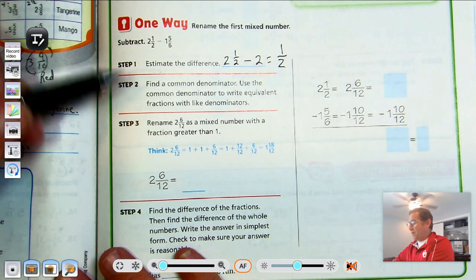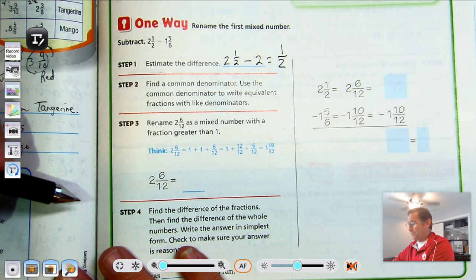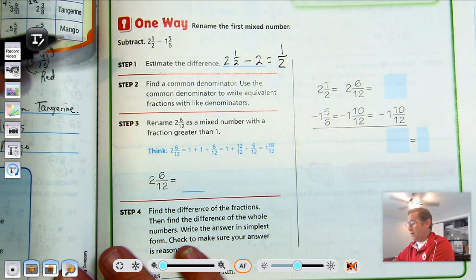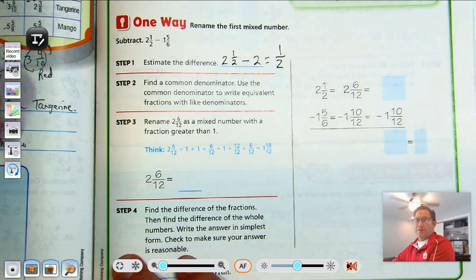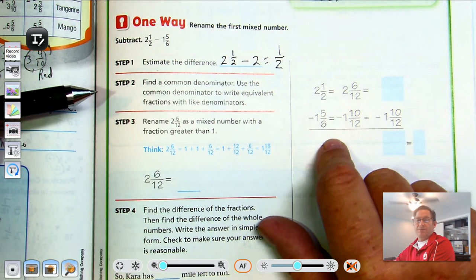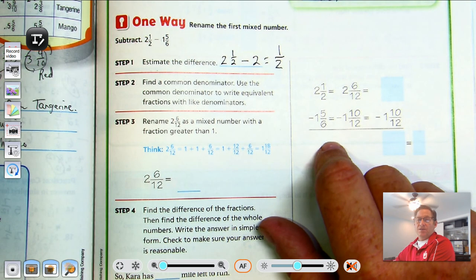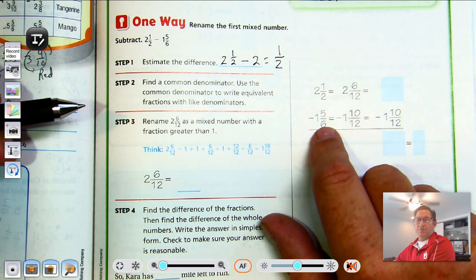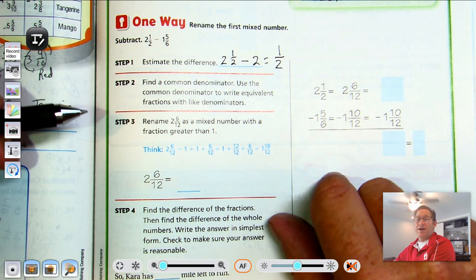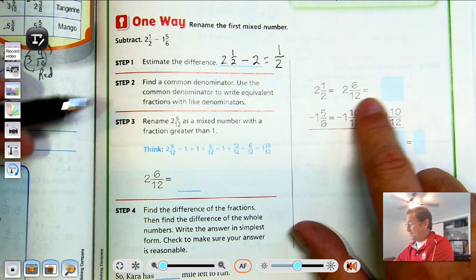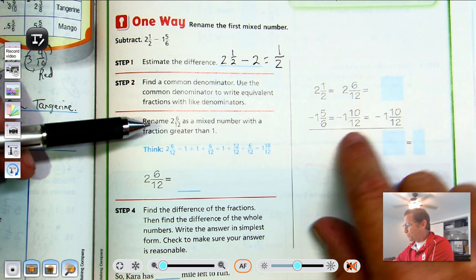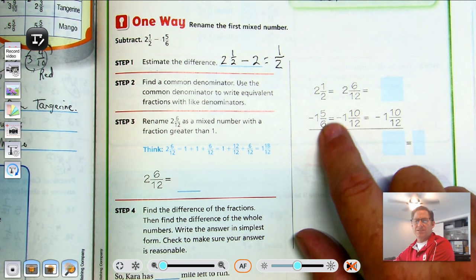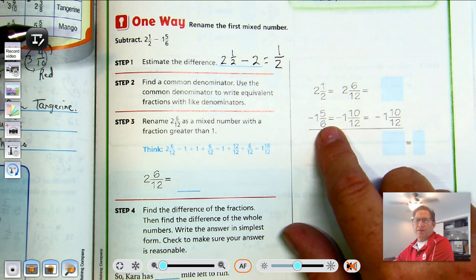We need to find a common denominator first, and we're going to use the common denominator to write equivalent fractions with like denominators. We know we can't add or subtract fractions with unlike denominators, so we're going to make equivalent fractions out of these. A common denominator for 6 and 2 is 12 if I multiply 6 times 2.